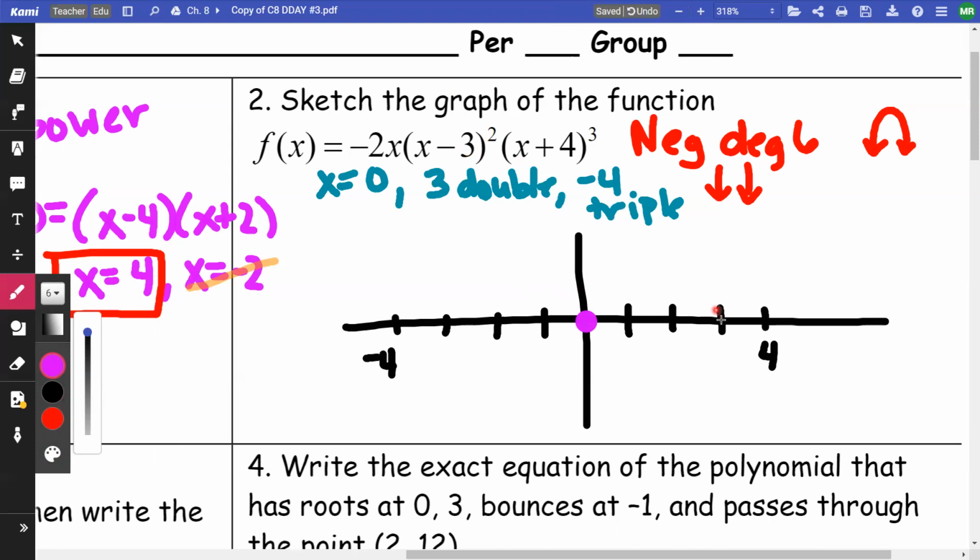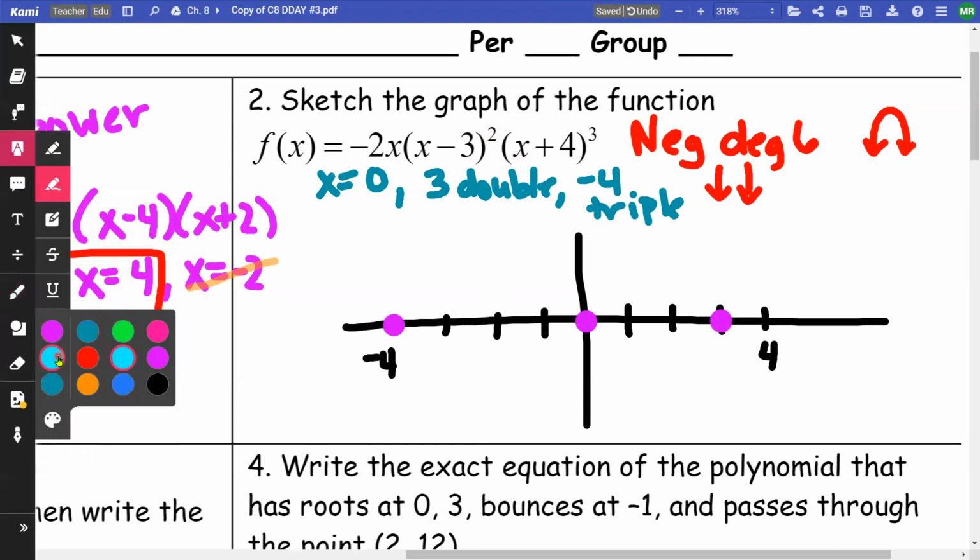I have 1 at a positive 3. I have 1 at a negative 4. And then I want to pay attention to this is going to be a double because of that square. So this one here is going to be a double. Just want to focus on that. And this one here is going to be a triple.